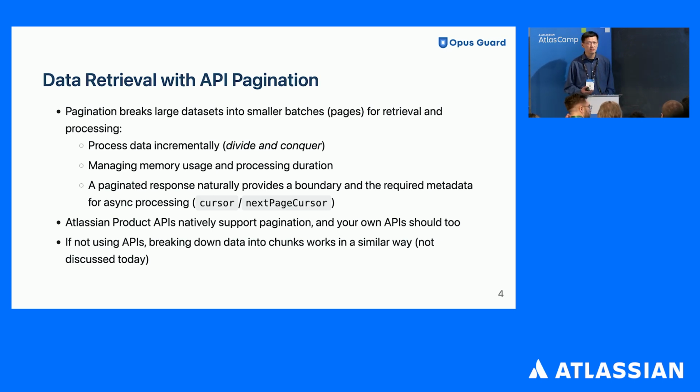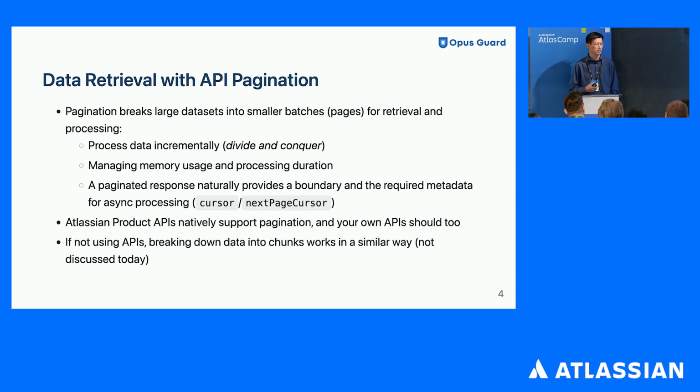One important thing is that the response of a pagination API request always contains some form of cursor or token that you can use to make the next request to retrieve more data. Those tokens provide a natural boundary for how we process as well, if you think that way. And it actually provides almost all the metadata you need to do async processing.